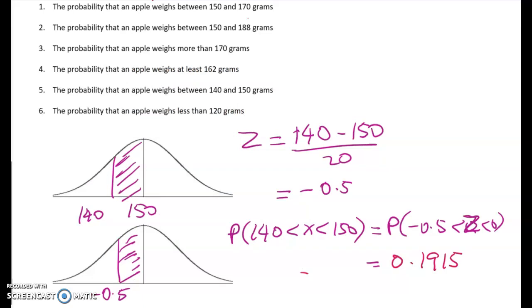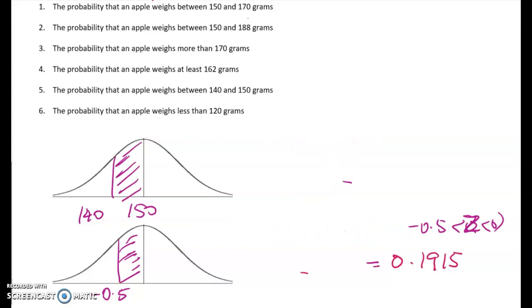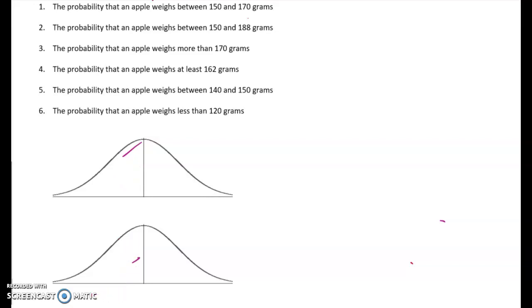Now the last question I'm doing here is the probability that an apple weighs less than 120 grams. So again, we start with our X picture and we colour it in what we want. And we're looking here for a lower tail probability, and it's quite far away. So we've got 150 here, maybe not that far away, and we've got 120 here.